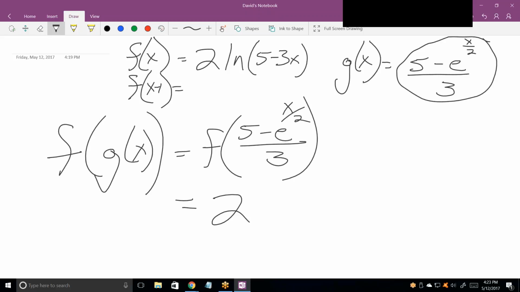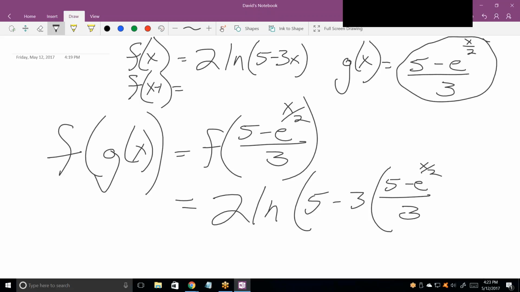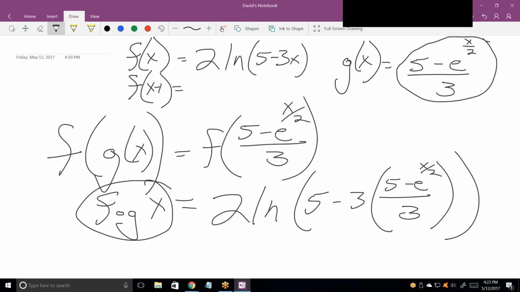You got the 2 natural log, and then 5 minus 3, and then all of that, parentheses 5 minus e to the x over 2. Notice they're making it very easy on us. That's going to be f∘g of x, which is sometimes written like this. That means f of g of x. It's a composite function.